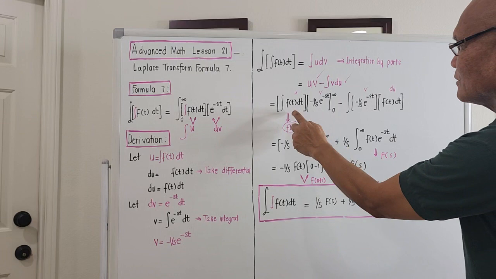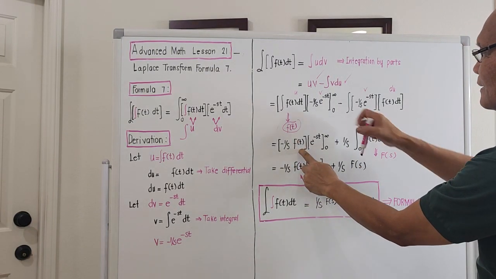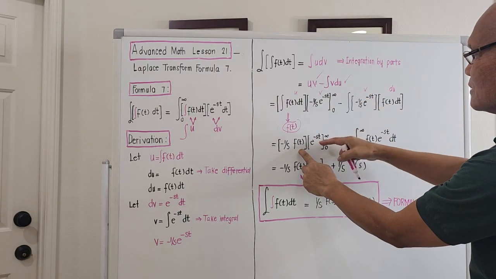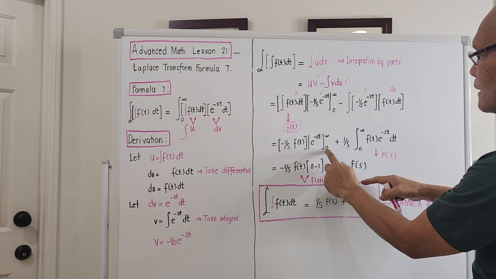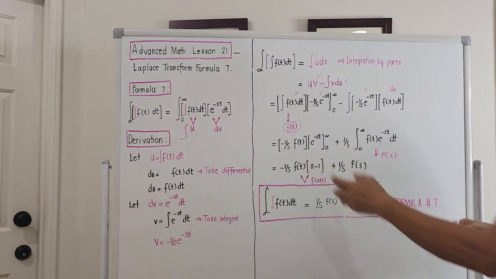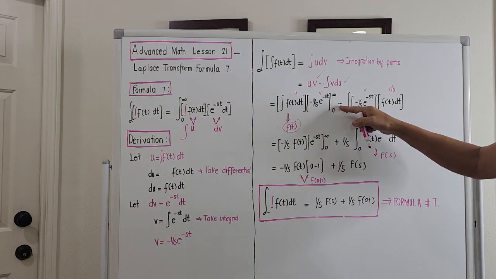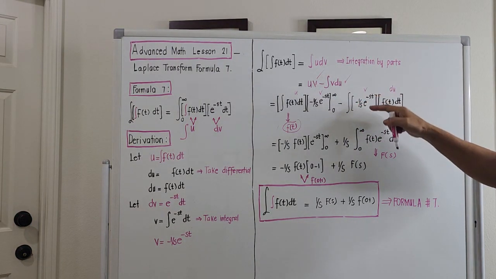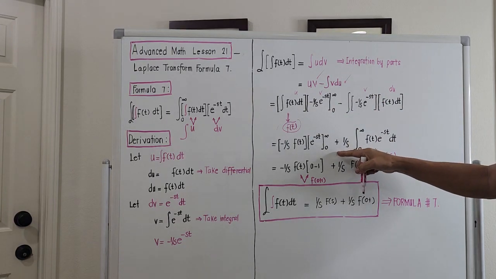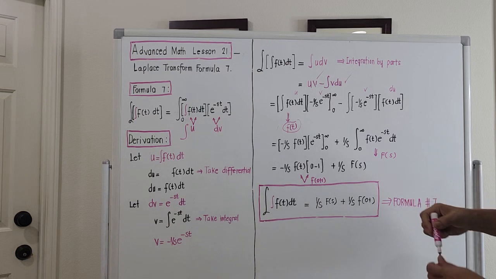So instead of writing this one, I will write it here, function of t times e raised to minus st with the limit from 0 to infinity plus, this is now plus, why plus? This is minus, this is minus, a minus times a minus will be plus, so this is now plus. I will bring out 1 over s, so this is 1 over s, okay?